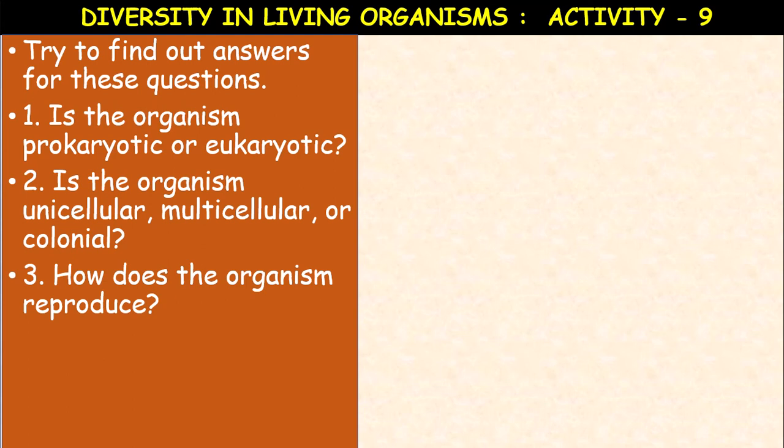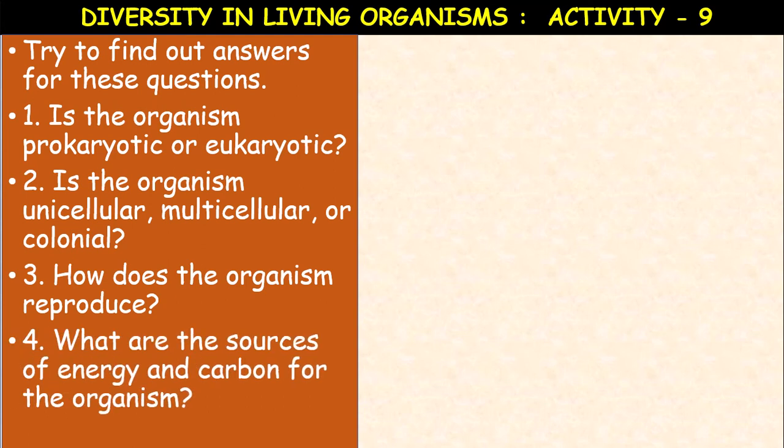Next, what are the sources of energy and carbon for the organism? So these are the 4 criteria we have to take. For example, if you consider amoeba, it is a eukaryote. A well developed nucleus is present. It is unicellular.